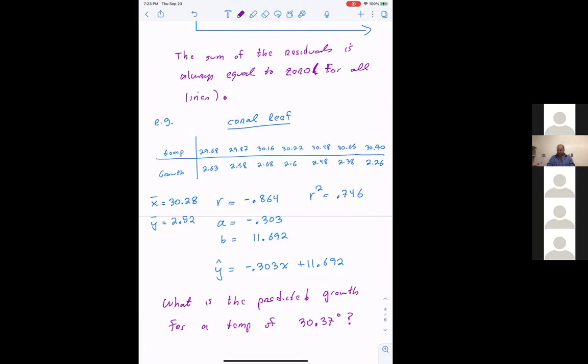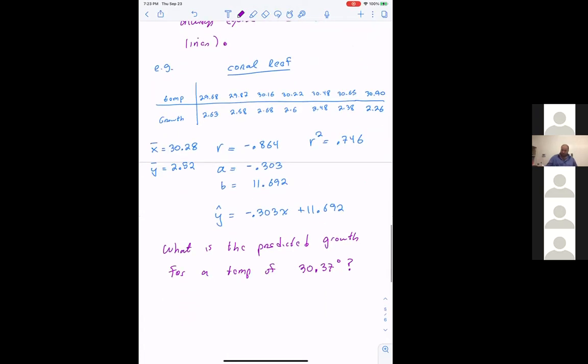Would you just plug that in for X? Exactly. All you do is you say, okay, I will predict negative 0.0303 times 30.37 plus 11.692. This is the whole point of the best fit line. We're basically saying, based upon my data, this is the best thing I can predict for this line.